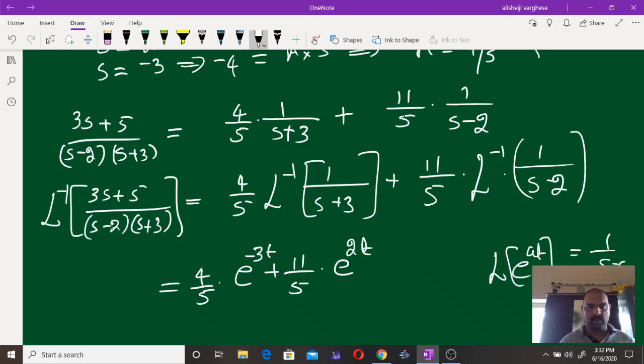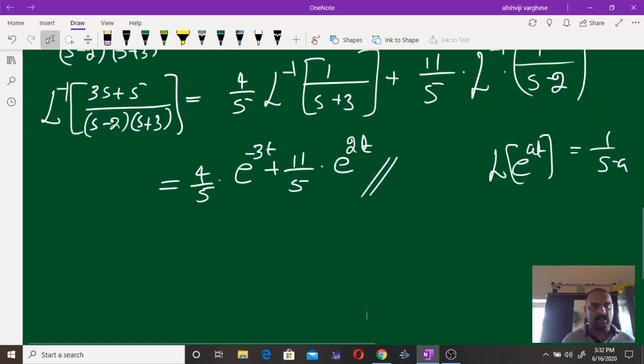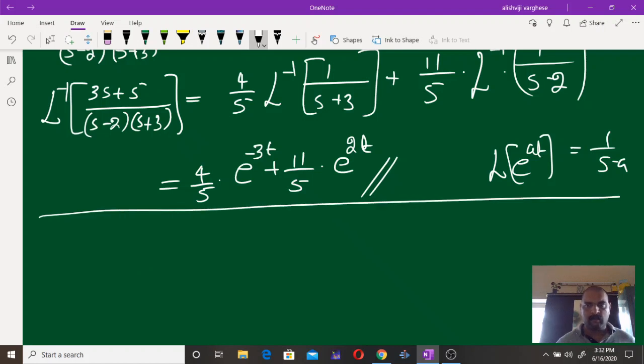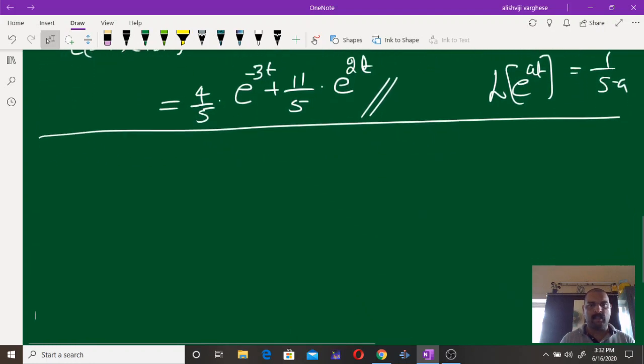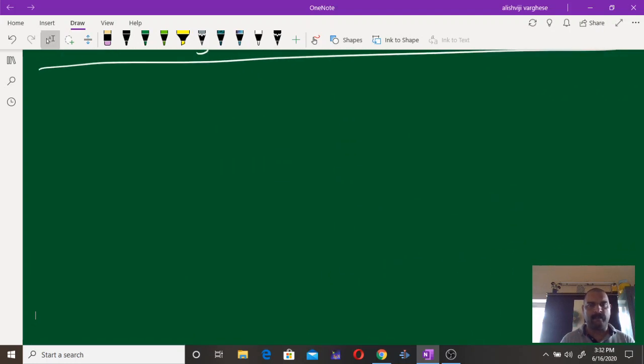So this is our inverse Laplace transform of the given function, and the same can be calculated using different methods. This is a method by which we can calculate the inverse Laplace transform of a given rational function. We use the method of partial fractions to reduce the given term into simpler functions.